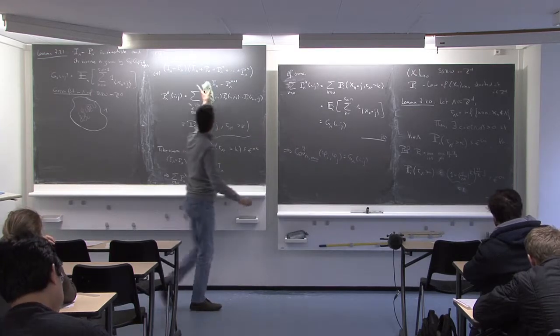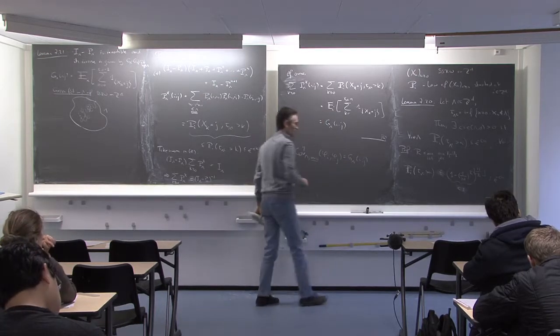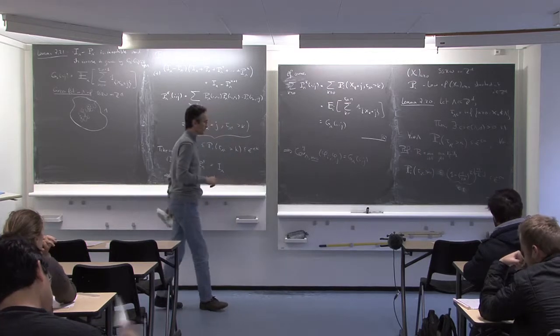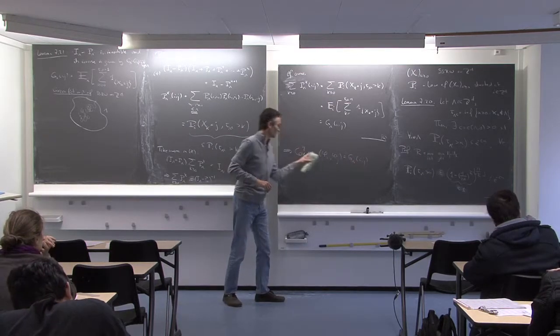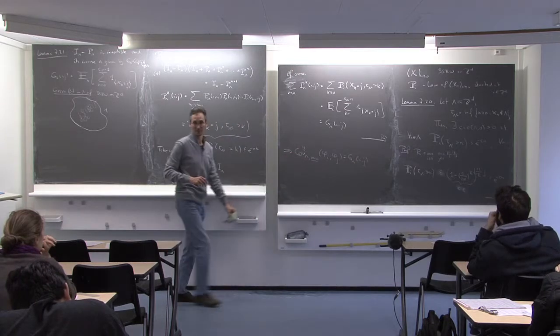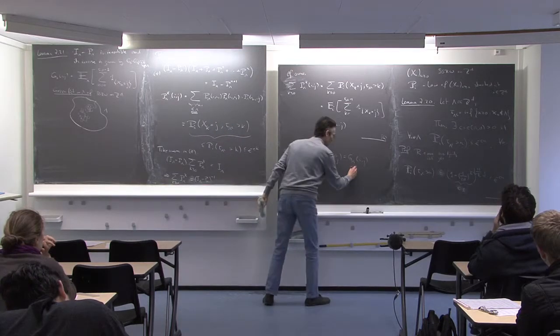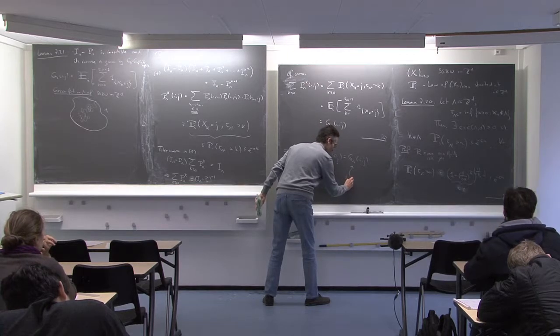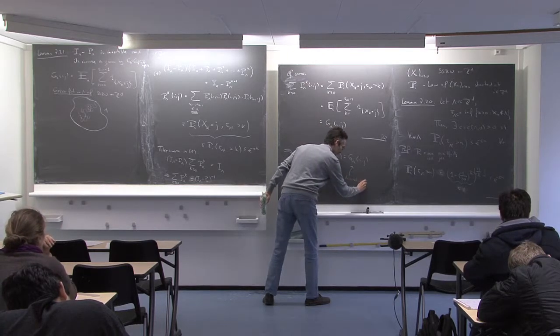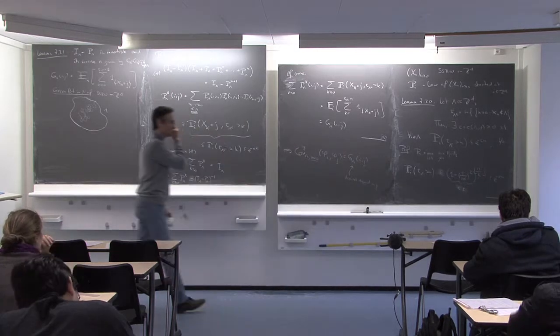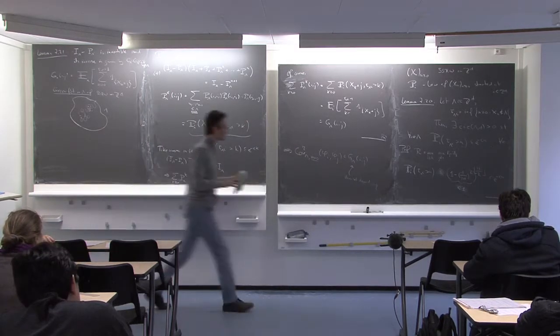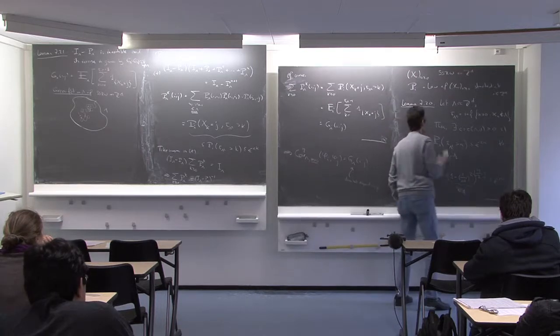So it's given by the Green function of the simple random walk. Note that this depends on Λ, of course, but does not depend on the boundary condition. It's interesting. The mean, of course, will depend on the boundary condition, so let's turn to the mean.